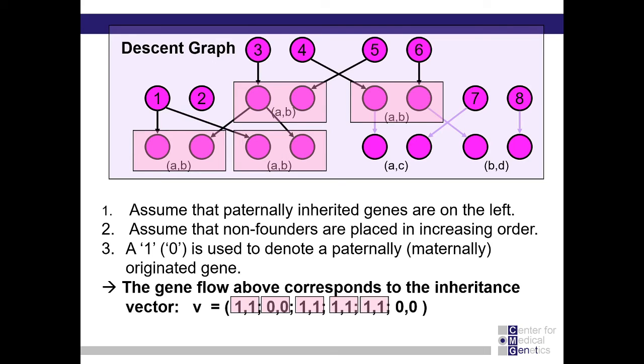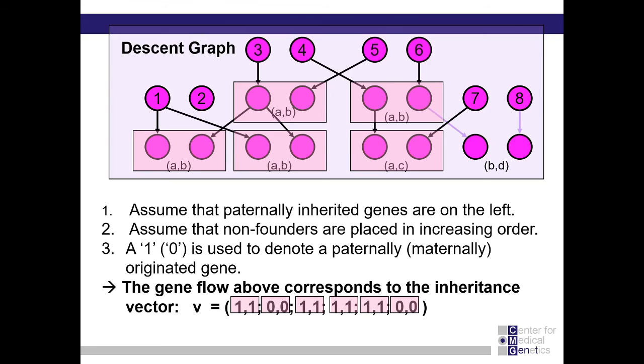This next person also gets the paternal gene from the person above, who gets it from 3, and the immediate parent who gets it from 1. So both genes are paternal. They come from a paternal or male ancestor, so 1 1. Same goes here, also getting the allele from the paternal source 7.